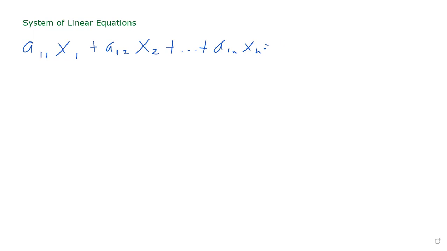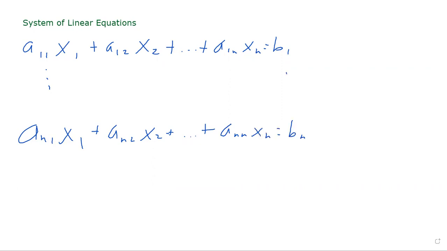We'll fill all this in until we get down to AN1, AN2, ANN, BN. So we can rewrite this whole thing as AX equals B. X and B are going to be column vectors. A is going to be a matrix.